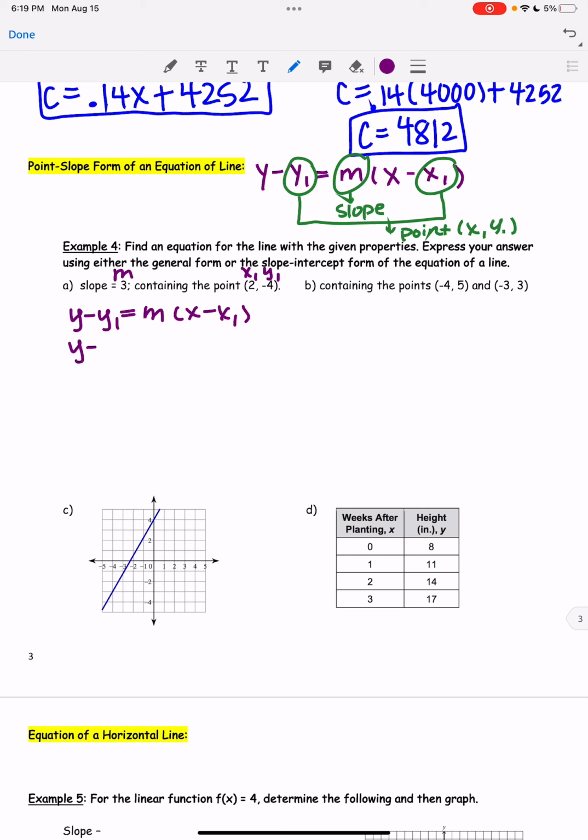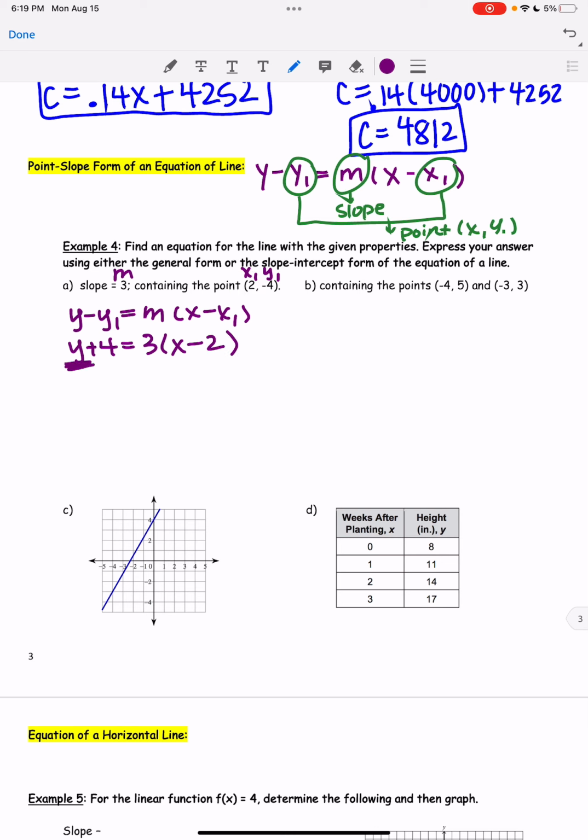So y minus my y1 is negative 4. So minus a negative is actually going to be a plus 4 here. Kind of skipping a step. Okay, but if it's minus a negative 4, I know minus a negative 4 is a positive 4. My m is 3. And x minus x1, my x1 is 2.